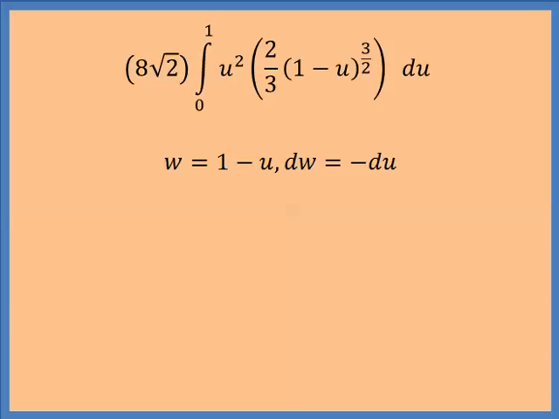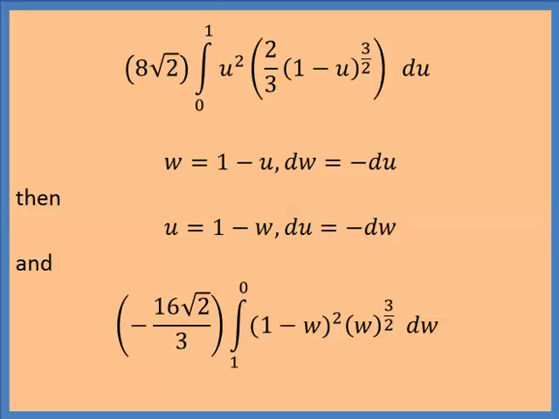So set w equal to 1 minus u, then dw equals negative du, and instead of u we're going to put in 1 minus w, and instead of du we're going to put in negative dw. And we rewrite our integral.